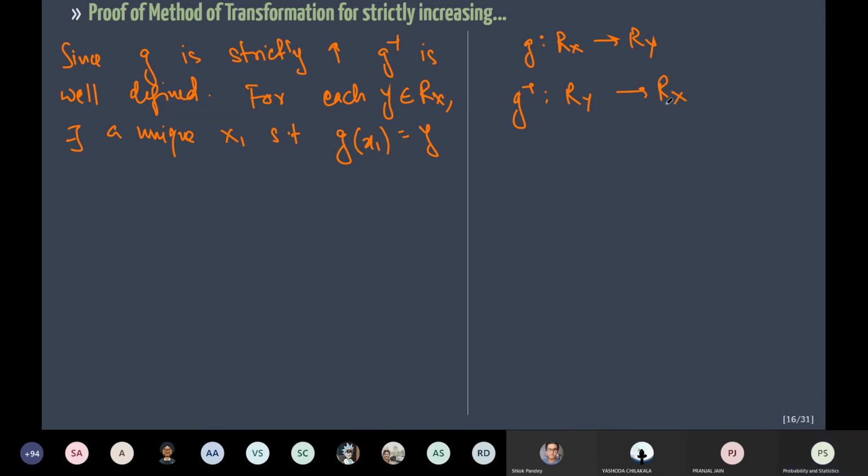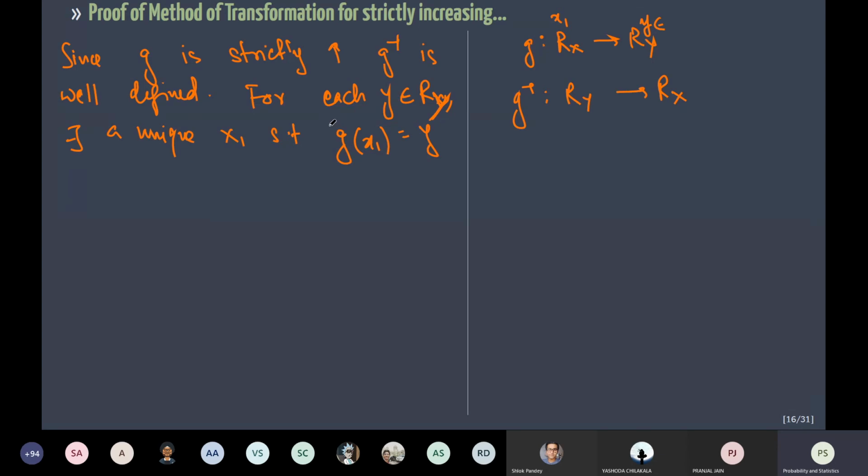Okay, so for each y in Ry, there exists a unique x1 such that g of x1 will be y. Okay, that's what it's trying to say.